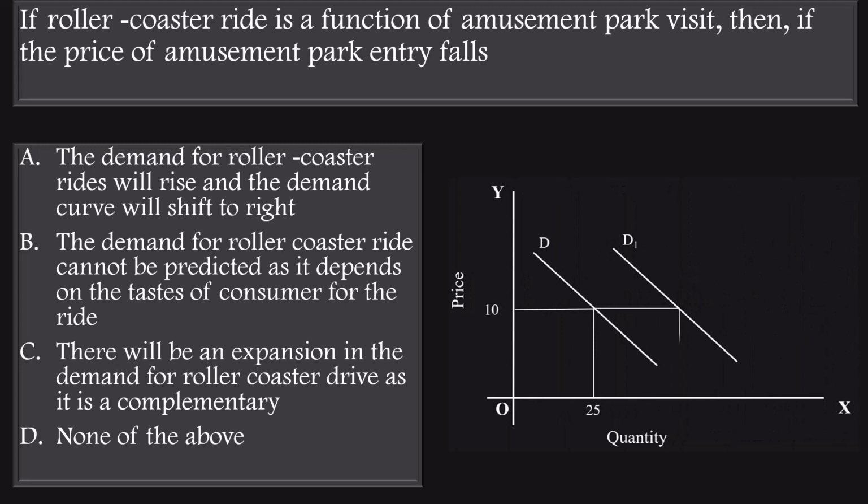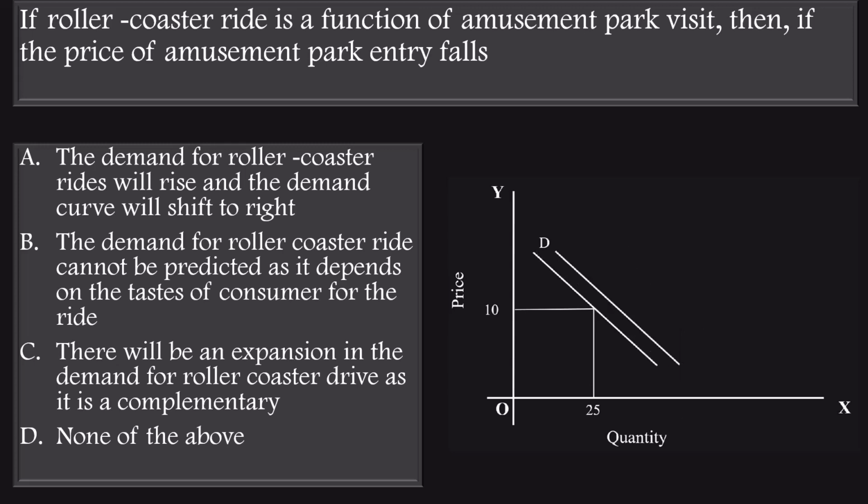It is a tricky question. A person has to pay a price to enter the amusement park. If the same person wants to go for a roller coaster ride, he has to pay a price to the one who runs this show. Here, the price of entry fee falls. The price of roller coaster ride remains unchanged.